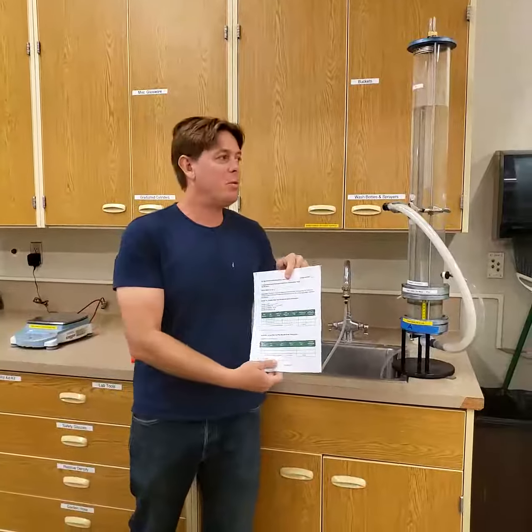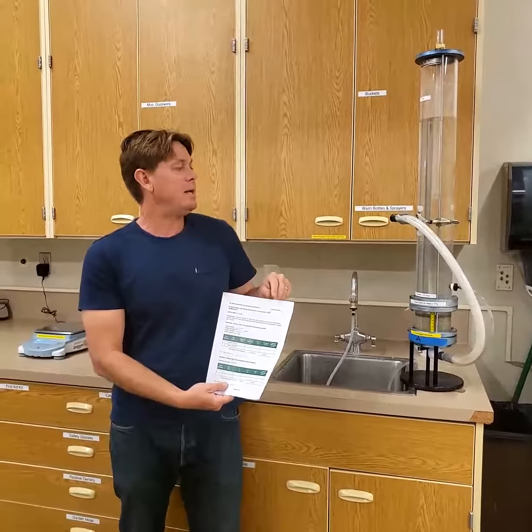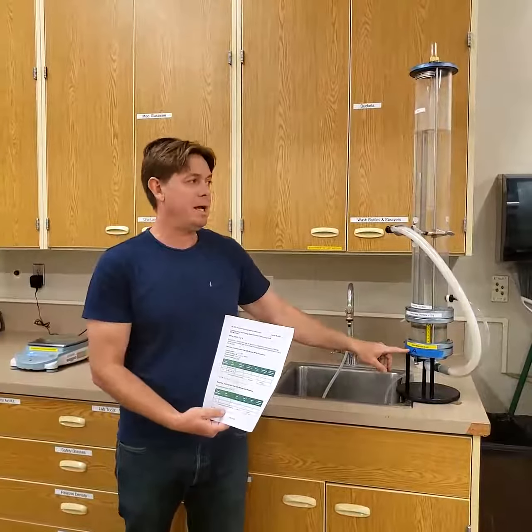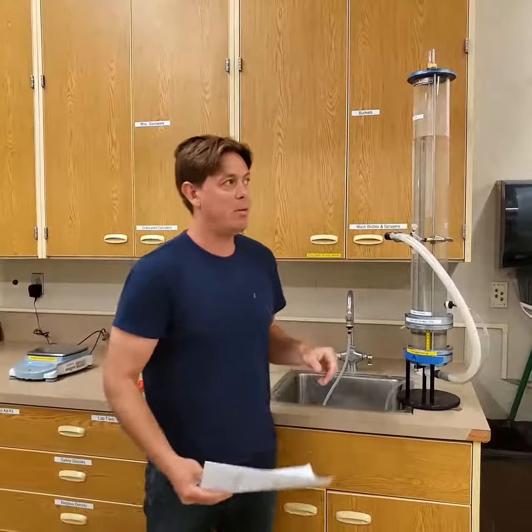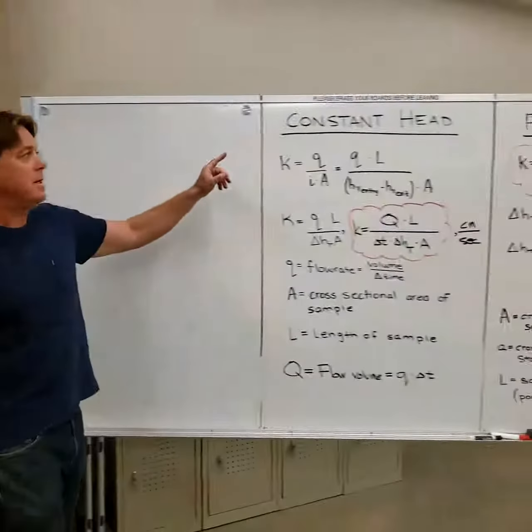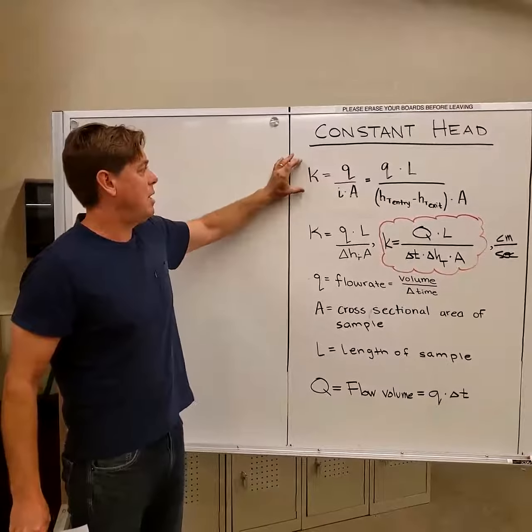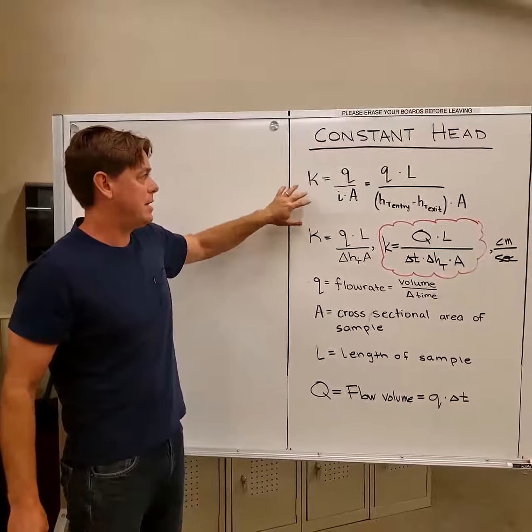Okay, in this video, we're gonna run a constant head hydraulic conductivity or permeability test on sample A. The equation for the constant head test, you can easily derive from Darcy's law.